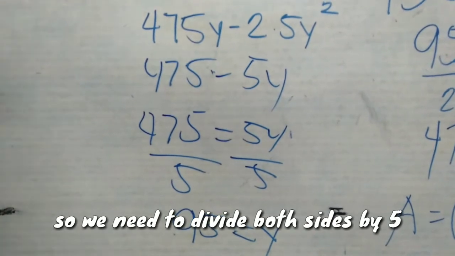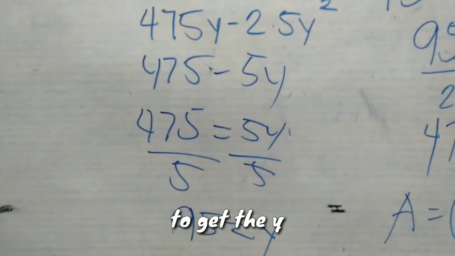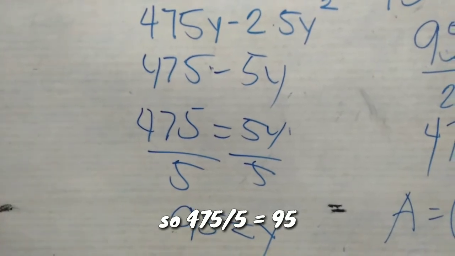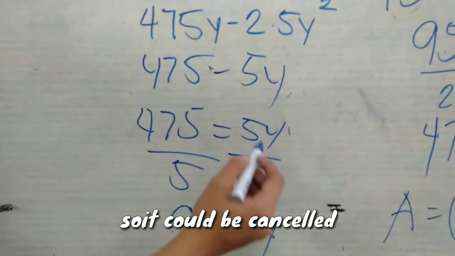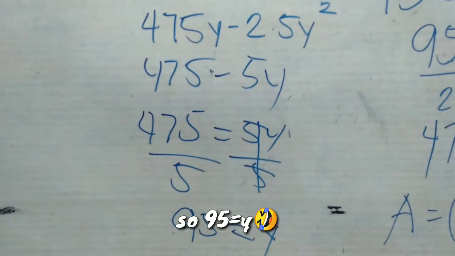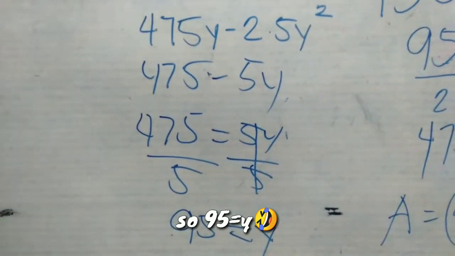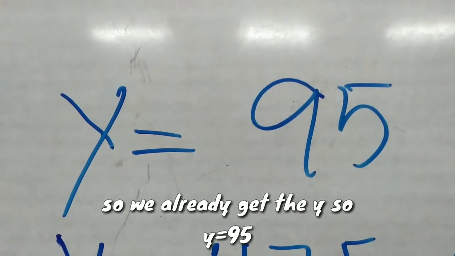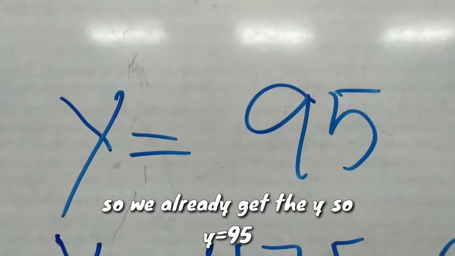We need to divide both sides by 5 to get the y. So 475 divided by 5 is equal to 95. So 95 is equal to y. We already get the y. So y is equal to 95.